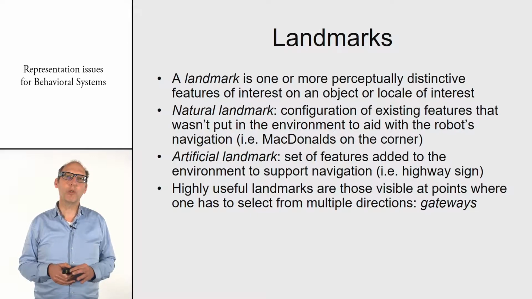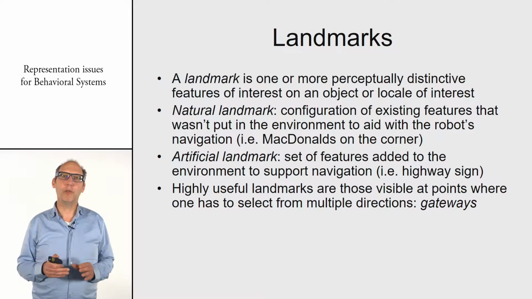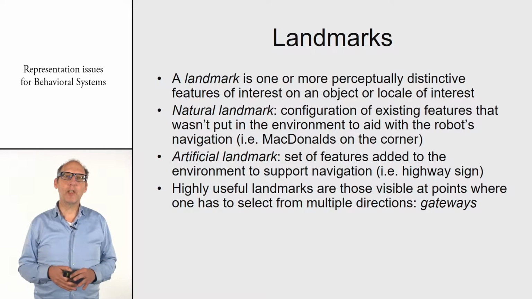And in principle, you want them to look the same from all orientations, so that if you come from another direction, they look the same. So in that sense, the Eiffel Tower is the ideal landmark, because you can see it from the whole city of Paris. You can always recognize it. There's only one of them, and from every side it looks more or less the same.